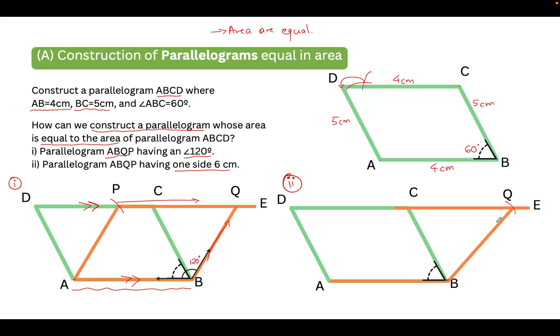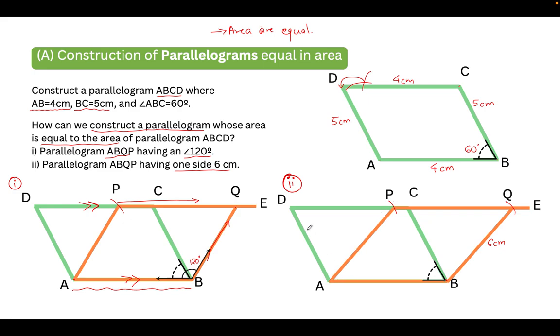So this is BQ and it is equal to 6 centimeter. As we did in the first situation, we measured BQ with the compass and marked it at P. So here we also measure BQ, that is 6 centimeter, and from A we mark 6 centimeter on this line DE. So it becomes AP.